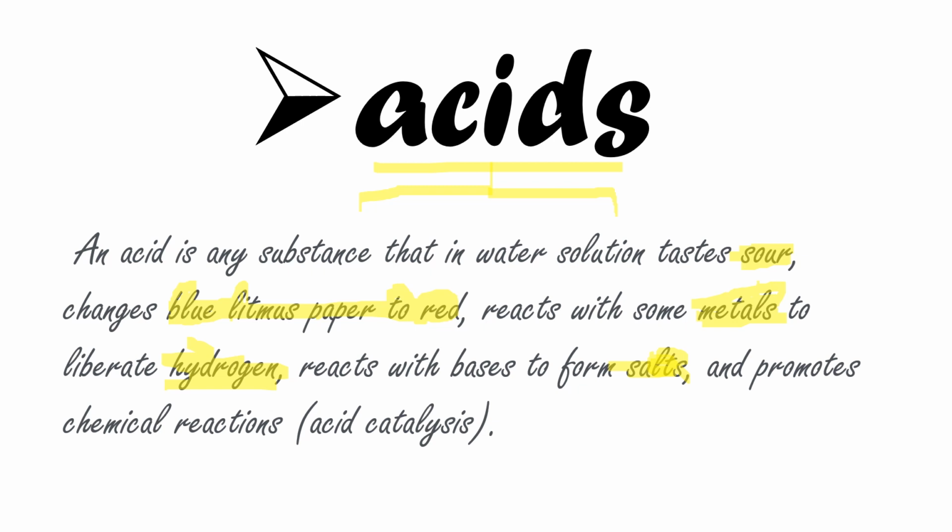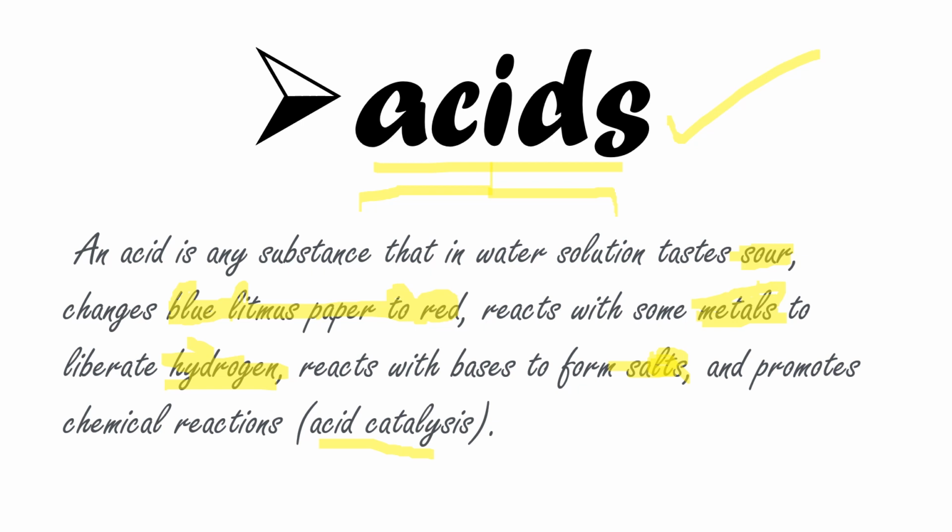We're going to learn that in detail in upcoming videos. Till now, memorize that acids react with metals, hydrogen and bases. It promotes chemical reactions that use acidic catalysts. Acids are also used as catalysts because they increase the activation energy.